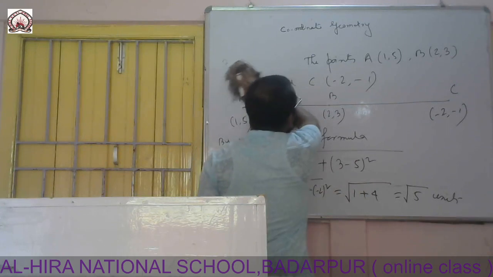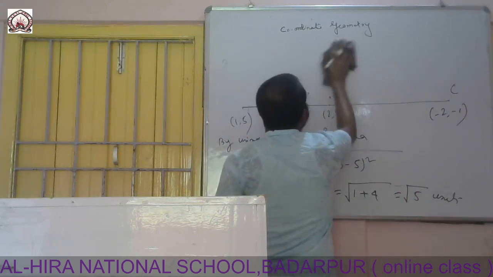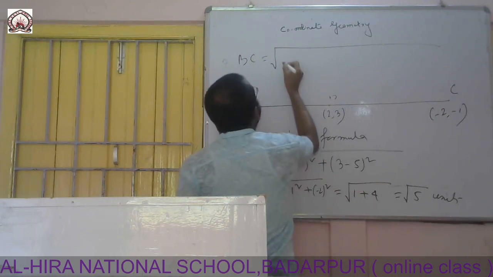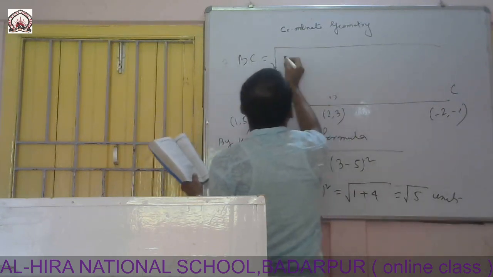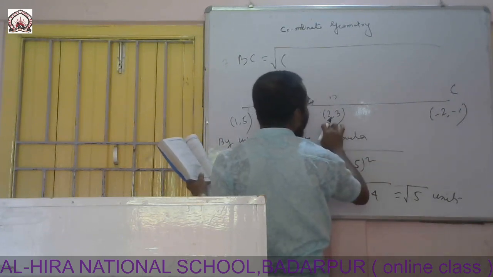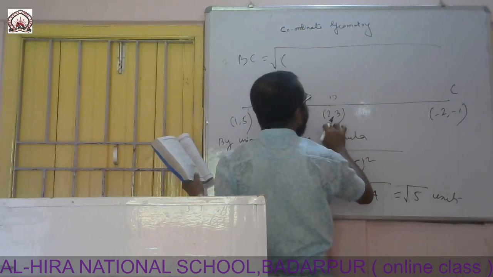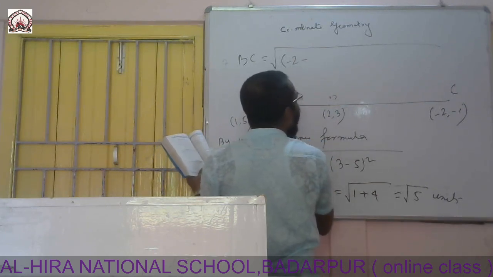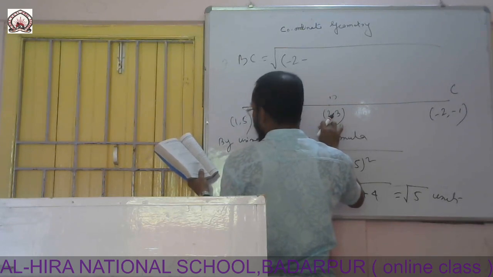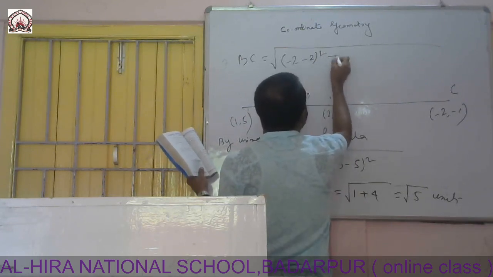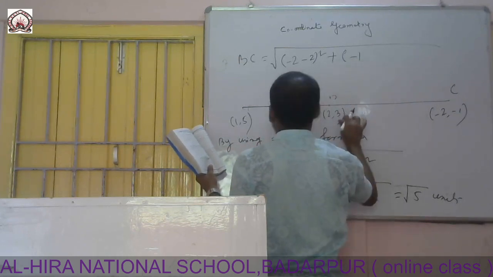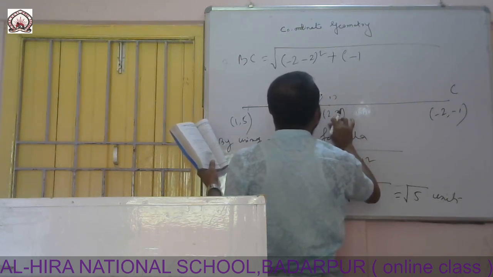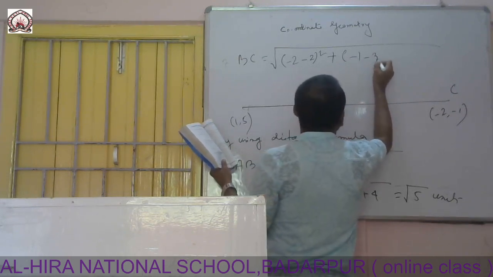Now BC will be square root of, again by using the formula, x3 minus x2 whole square. So -2 minus 2 whole square plus -1 minus 3 whole square.